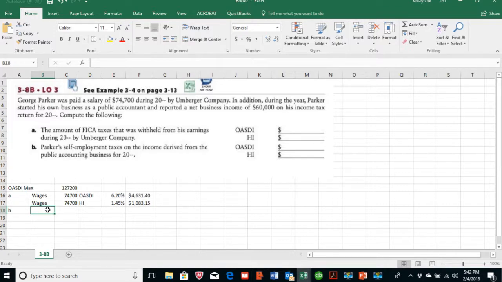So the second part is coming into the self-employment taxes. So he is going to receive a credit on his federal income tax return for these paid taxes that were derived from the accounting business. So he's going to need to pay for some of this. So first we have to figure out how much of his income of $60,000 is actually going to be considered taxable.